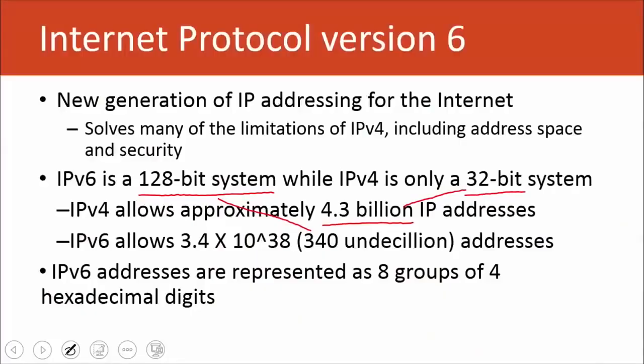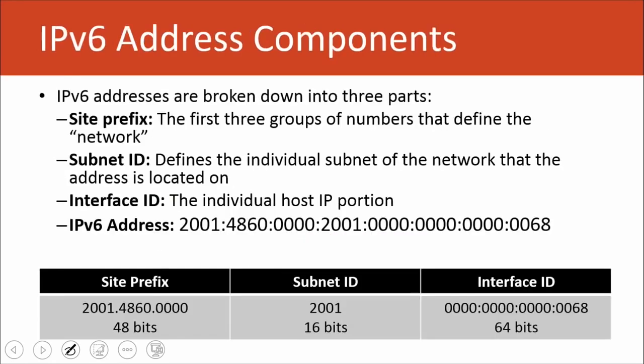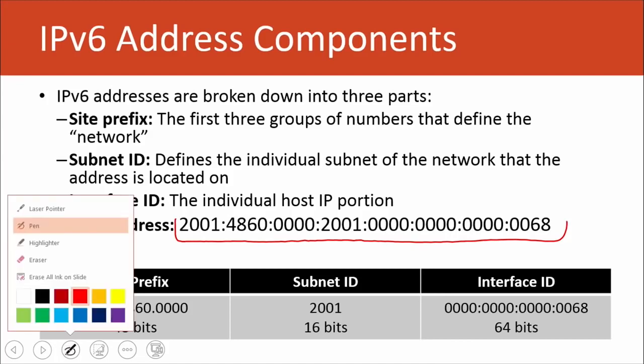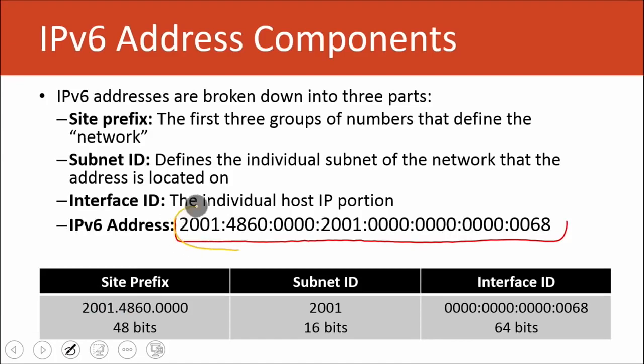And so IPv6 addresses are represented differently from IPv4 addresses. They're actually 8 groups of 4 hexadecimal digits. And so here we have a sample of an IPv6 address. There's a site prefix, so the first 3 groups, these right here, make up the site prefix.